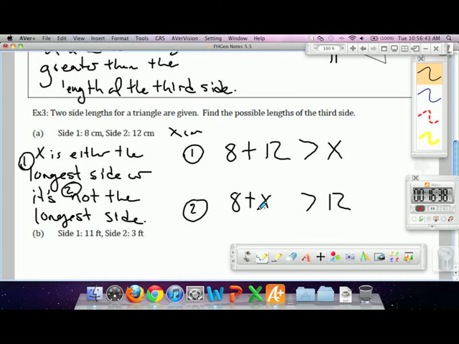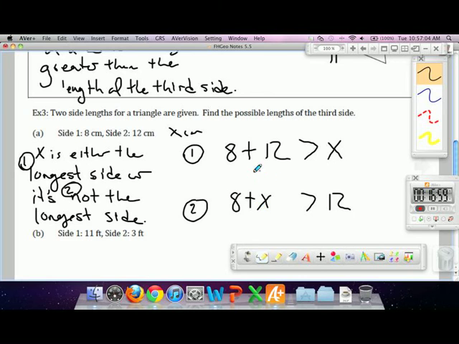X is either the longest or it's not the longest. Well, what do these two things imply? Let's solve each of these inequalities and figure out what this implies. Joel? X either has to be between 20 and 4.